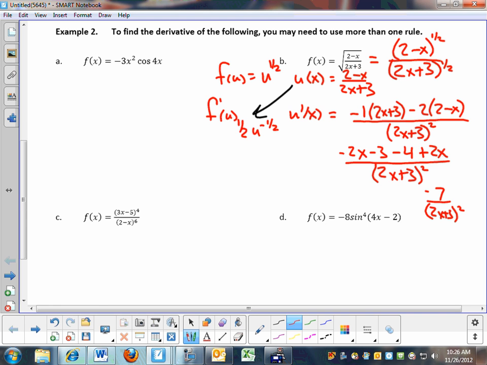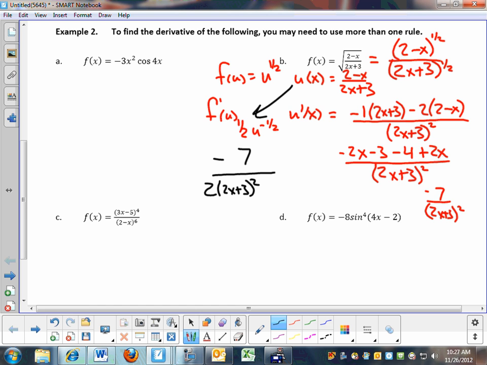Am I done? No, I need to take that derivative and multiply it by the other derivative. So f prime of u times u prime of x. What we have is negative 7 over 2 times 2x plus 3 quantity squared.